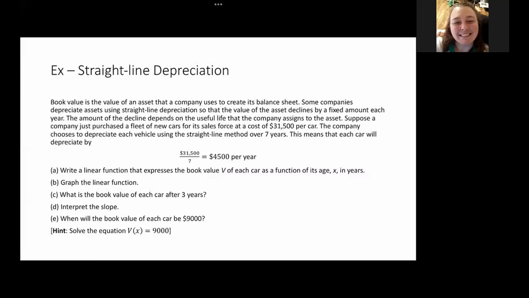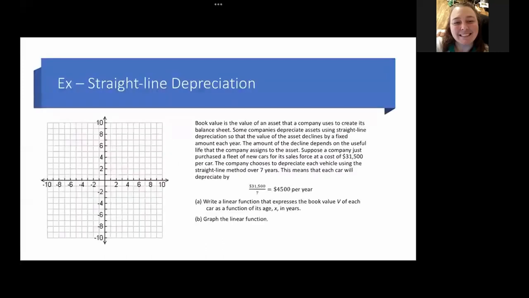So first things first, let's go to part A: write a linear function that is going to express the book value v of each car as a function of its age. So we want a value with respect to age. We're going to say v is the value and x is age, the number of years.